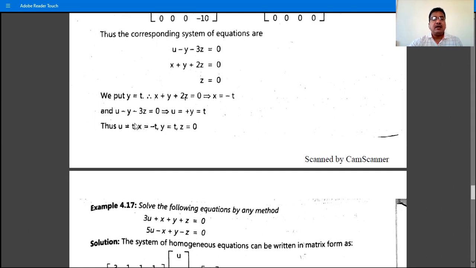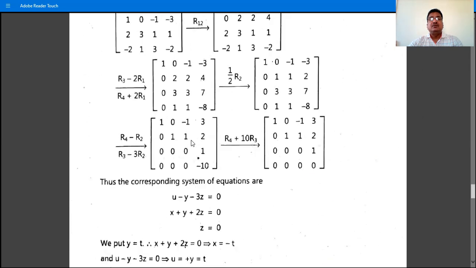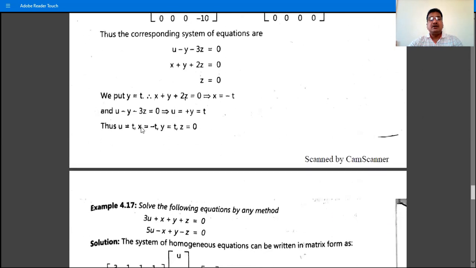If we substitute t as 2, then we have another solution: u is 2, x is minus 2, y is 2, and z is 0. If you substitute t as 3, we have another solution. So how many solutions do we have? We have infinitely many solutions. So this is the general solution.